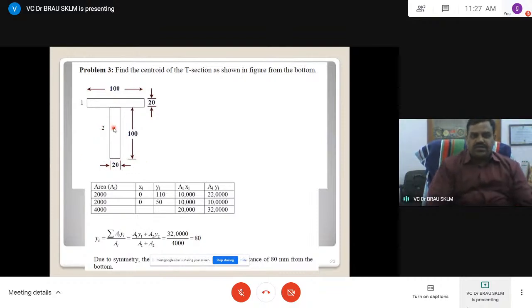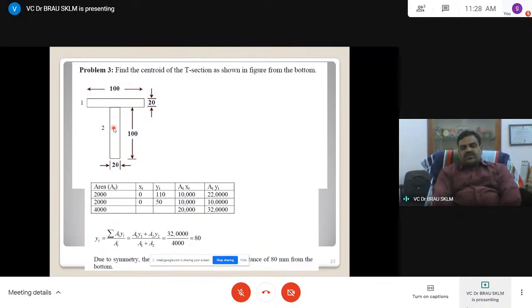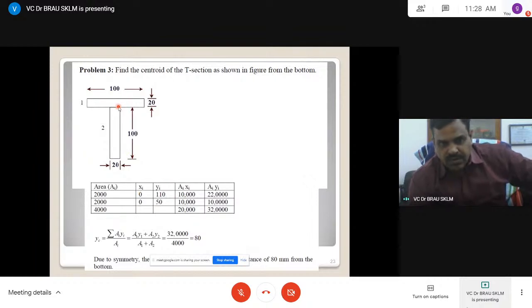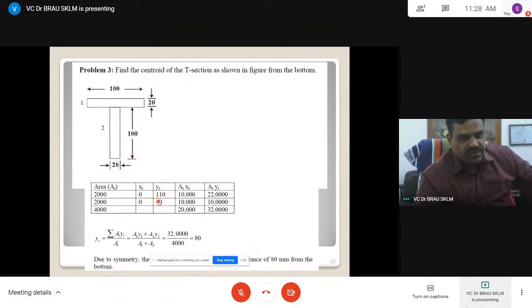So ȳ is the summation of the two rectangles: in the numerator the area into distance, divided by the total area. A1 y1 plus A2 y2 over A1 plus A2. They all are given. These are the x and y distances. You find out.